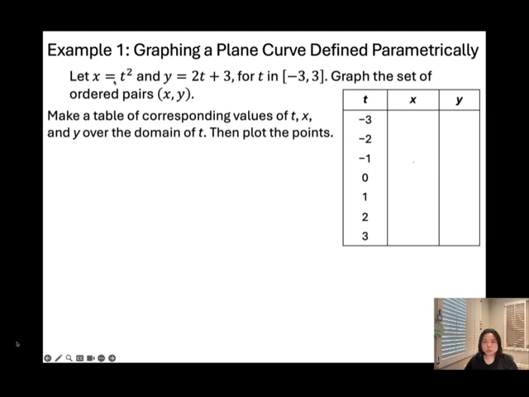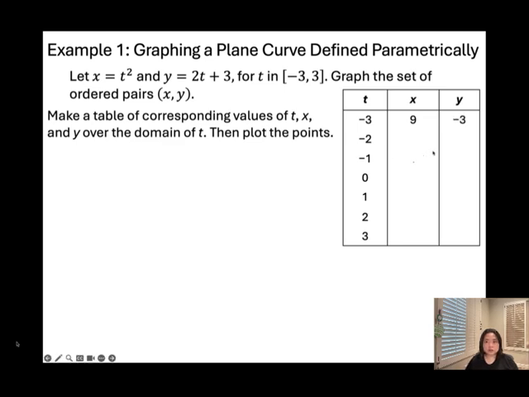So x equal to the square of -3, which is going to be 9. And then plug in -3 to the equation of y. So 2 times -3, which is -6, plus 3, that will be -3.